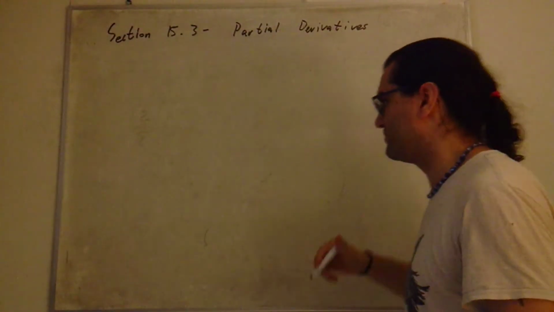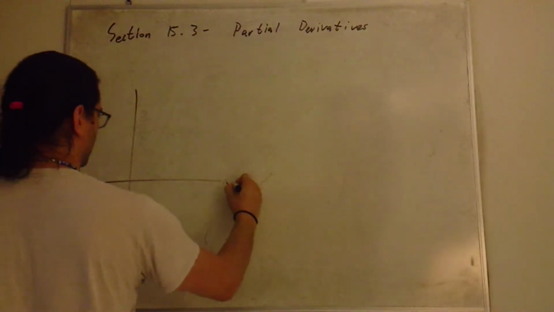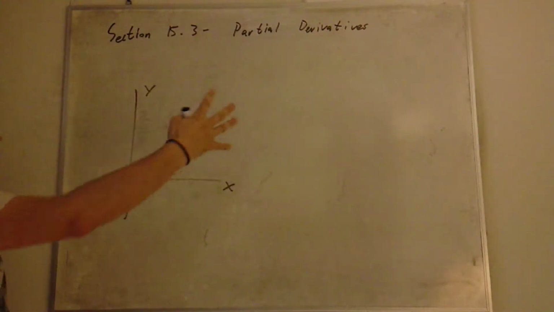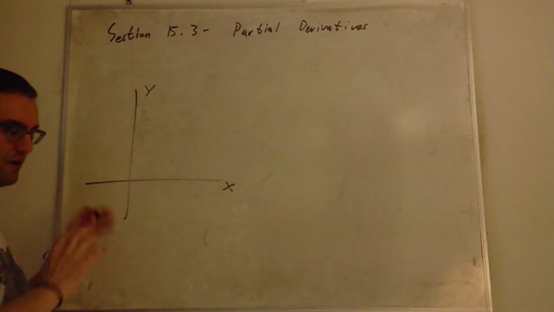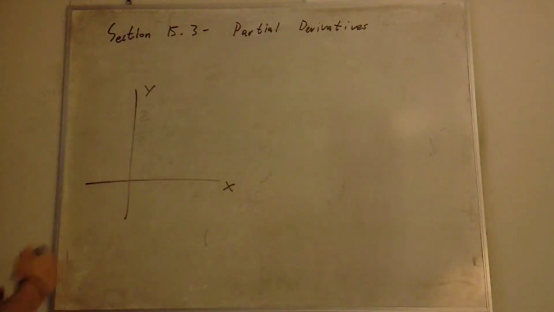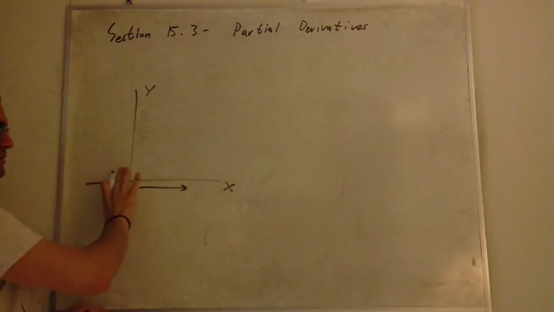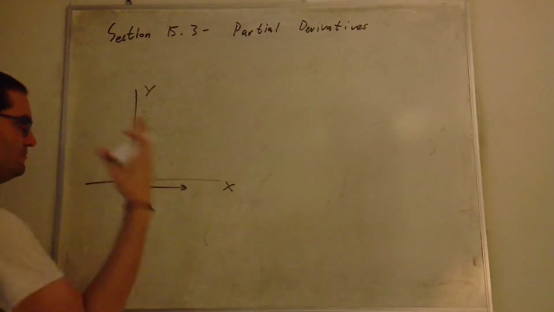So if we're still going to go on this being the classic x and y and z, some surface that comes out of the board at us or is behind the board farther away from us, then we're going to look at what happens in this direction. As x moves this way, does this surface increase or does it decrease or does it wiggle?